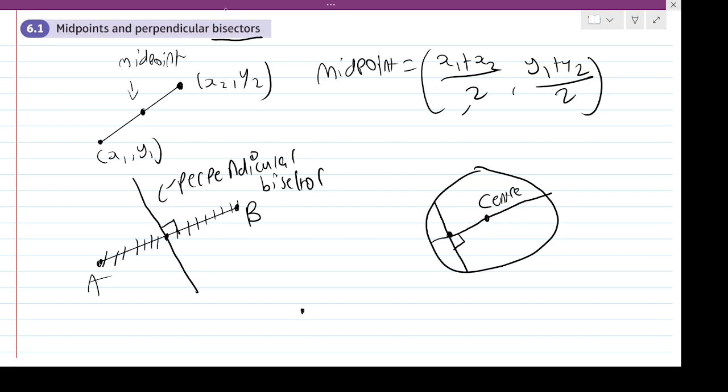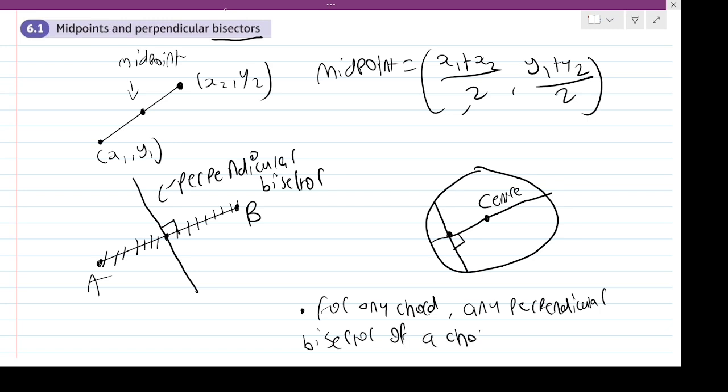So I'll make a note there that for any chord in a circle, any perpendicular bisector of a chord goes through the center of the circle.